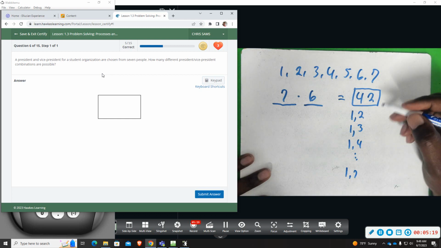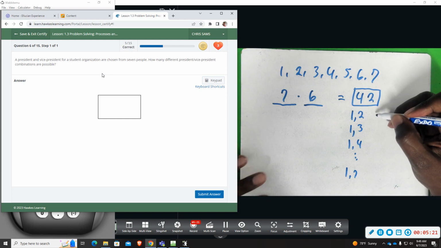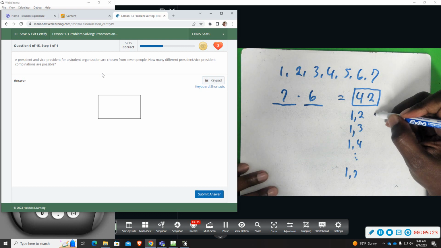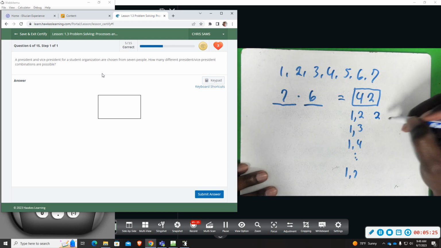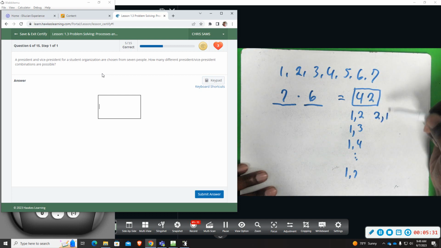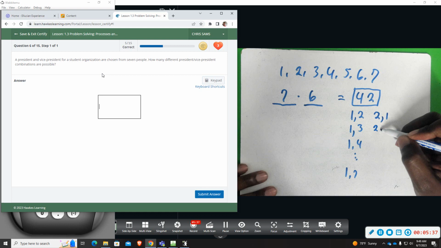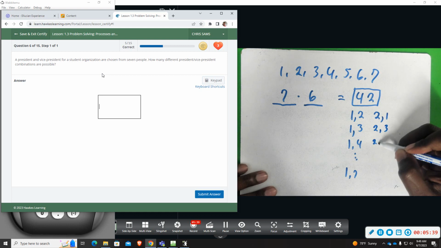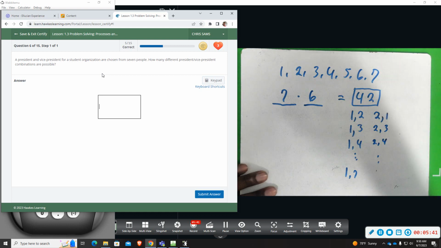Then you could start with, okay, what if I chose number 2 to be the president? Then I could do number 1 for the vice president. That's going to be a different option because those are the same 2 people, but they got different positions. Vice president and president are different. And then I can do 2 with 3, 2 with 4, so forth and so on.